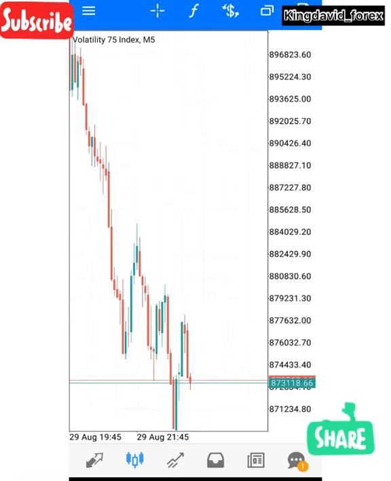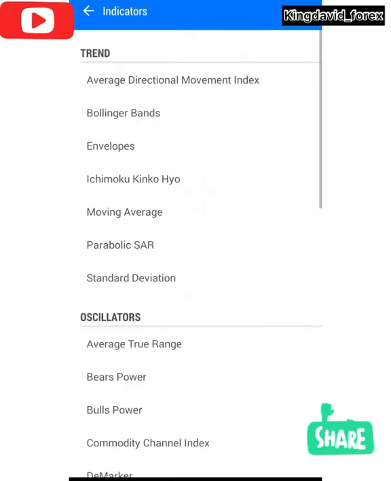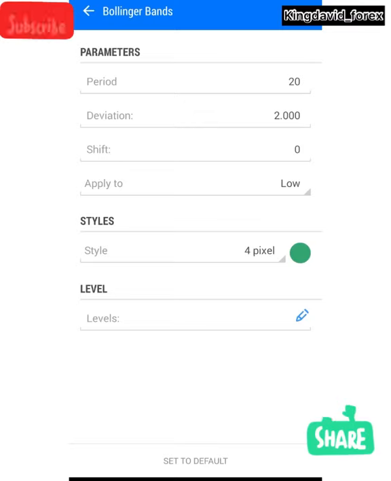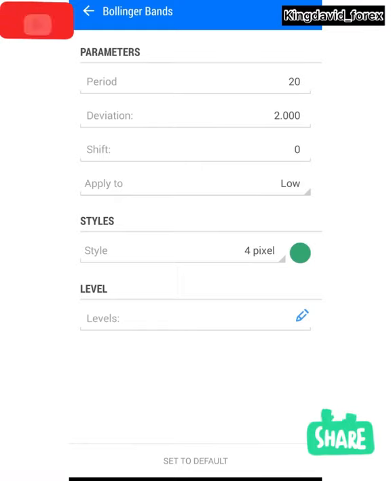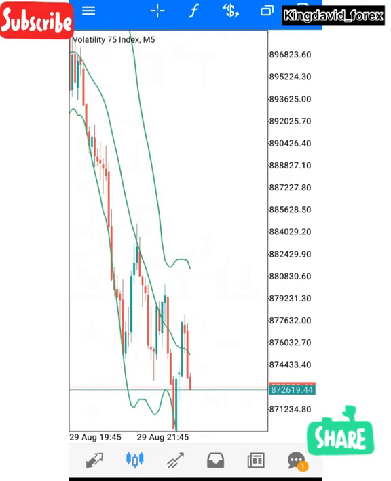So let's start from there. Android users, click on your F at the top, then look for Bollinger Band. Make sure that apply to is low, then you can leave other settings default, except this apply to low. Done.